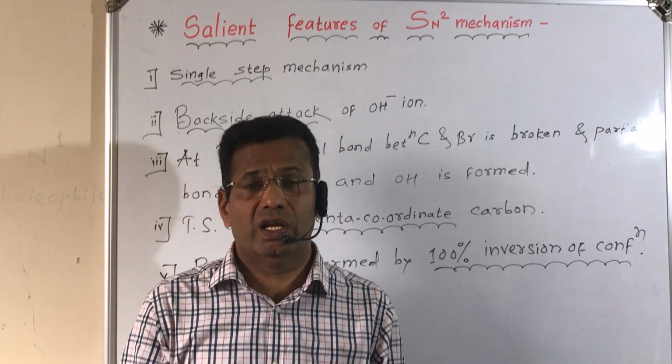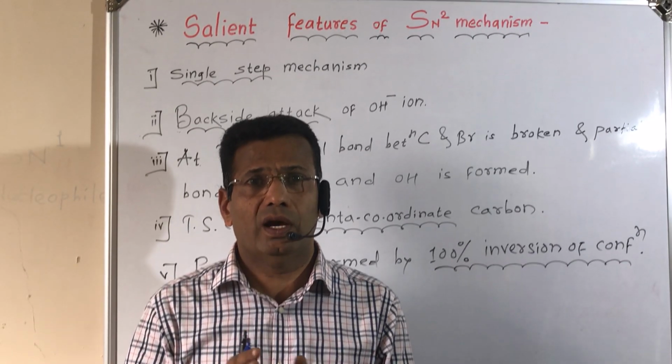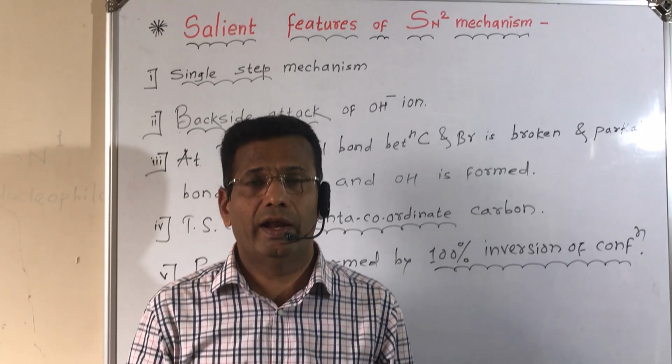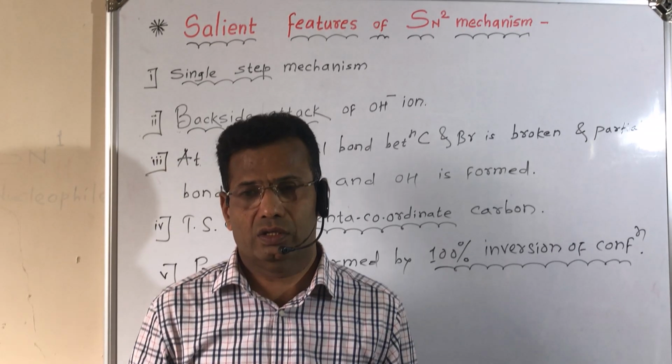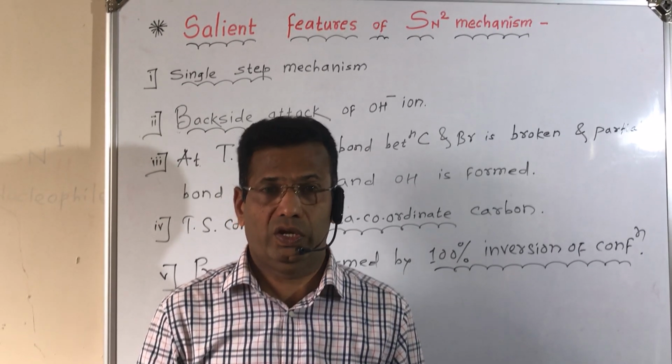So here we get the structure of methyl alcohol like the flipping of an umbrella. This type of configuration is called 100% inversion of configuration. So here the product is formed by 100% inversion of configuration.